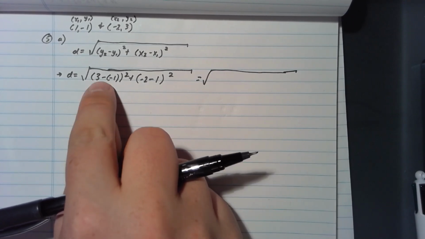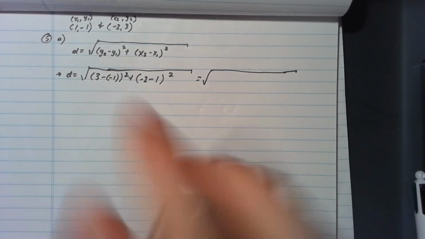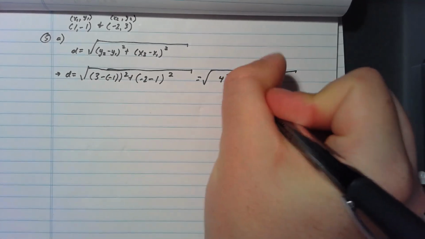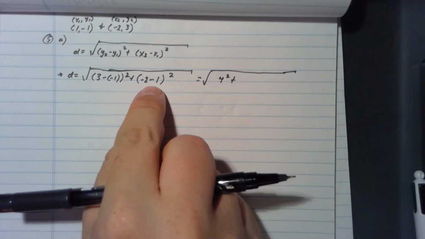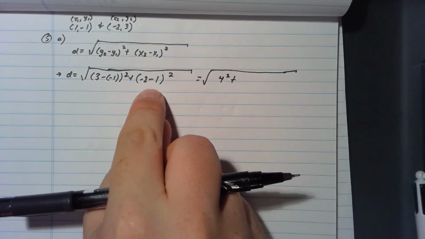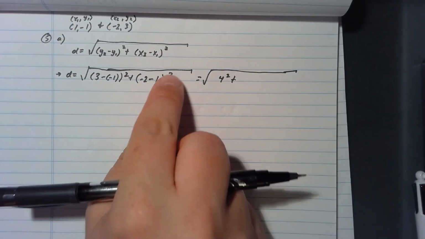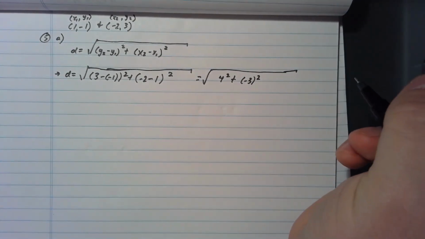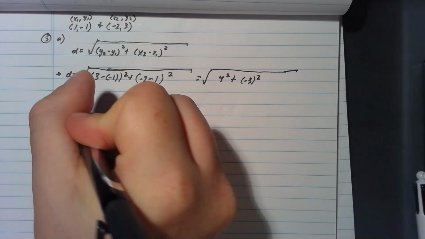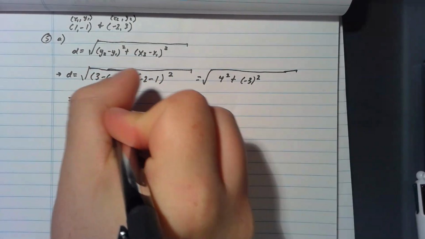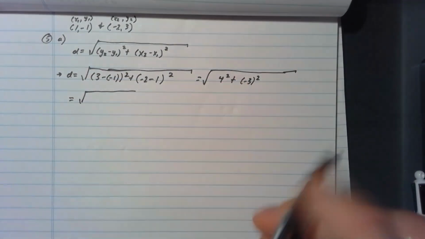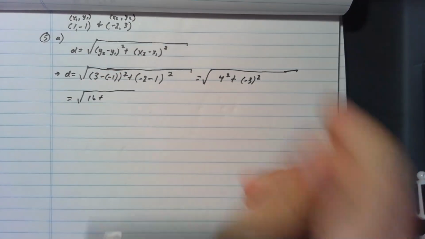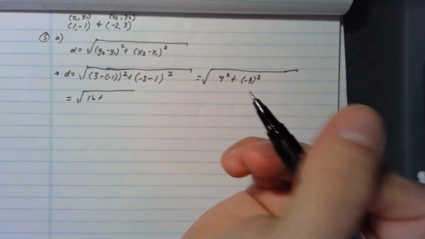3 plus 1 is 4, so this becomes 4 squared. Plus, so -2 minus 1 is -3, so that becomes -3 squared. Four squared is 16. Well, -3 squared is 9.